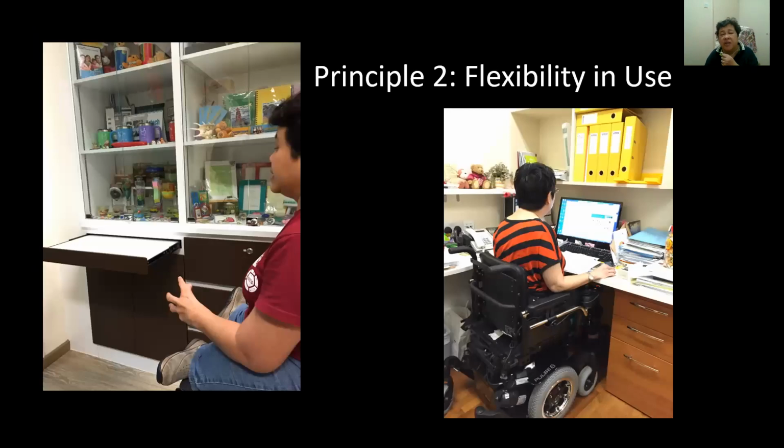And flexibility in use is shown in terms of equipment or built-in cabinets, such as shelves that you normally see when you're working in an environment like a workplace and desk and so on, where you have the choice to use it.